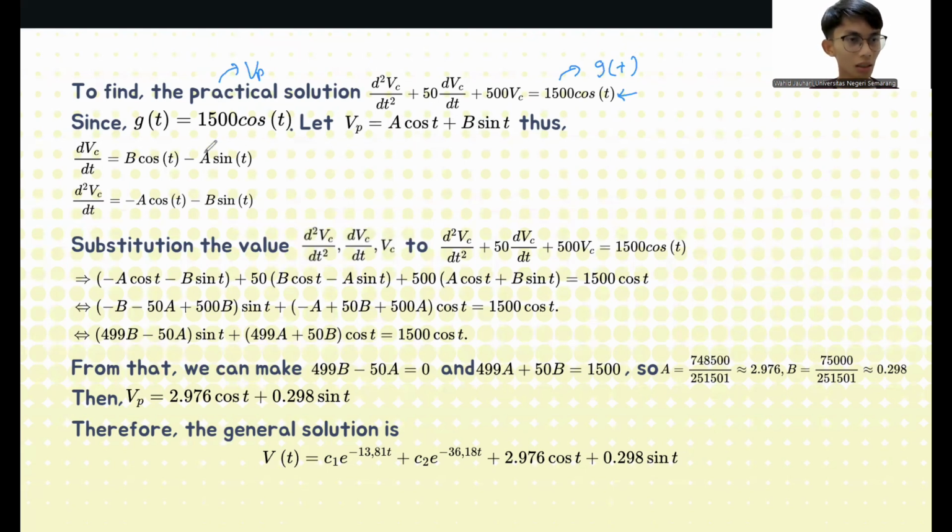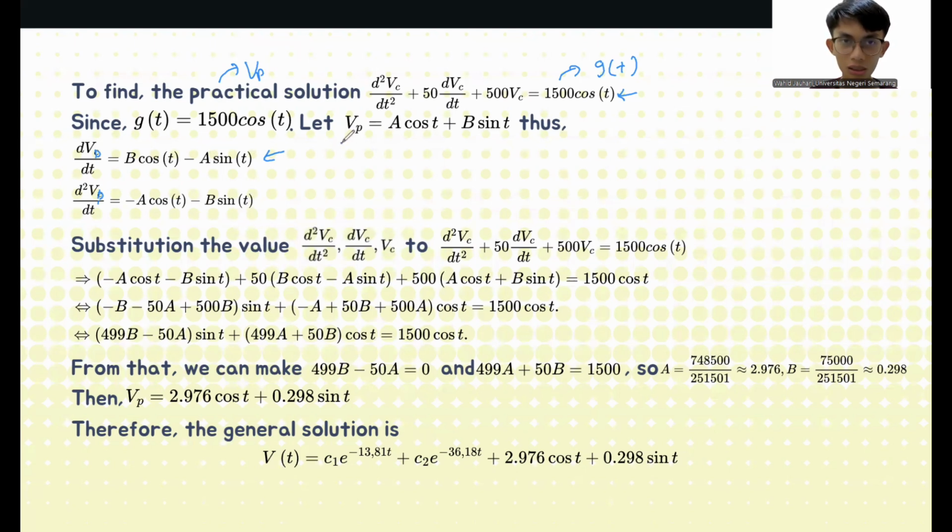From this, we derive the equation. This is Vp, its first derivative, and this one is the second derivative.